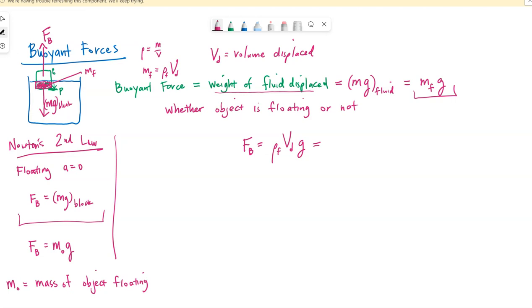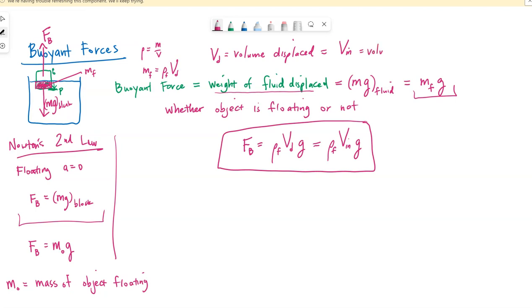I'm going to write this also as V_in. So density of the fluid, V_in times g. The amount of fluid that displaces is equal to the volume of the object in the fluid.